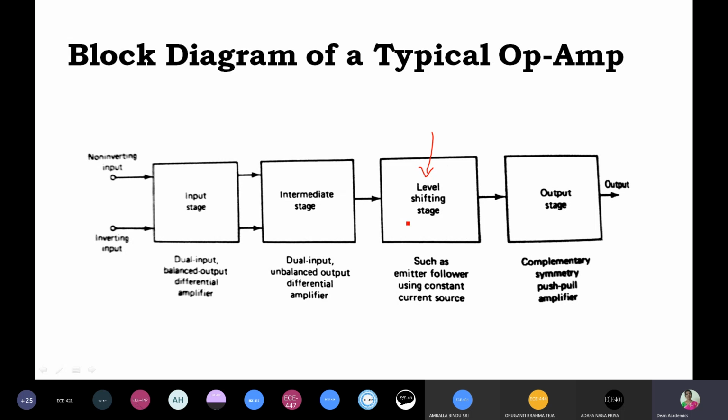Today's situation is different, but tomorrow everything gets set right. At that time, if you are competitive enough, only then will you be able to grab some jobs. Otherwise, in an interview, if they ask you one question, such as what is the output stage of a typical op-amp, whether it is an amplifier or a complementary push-pull amplifier, and you say, sir, our lecturers taught us very well but due to COVID we were not able to focus much, please excuse.